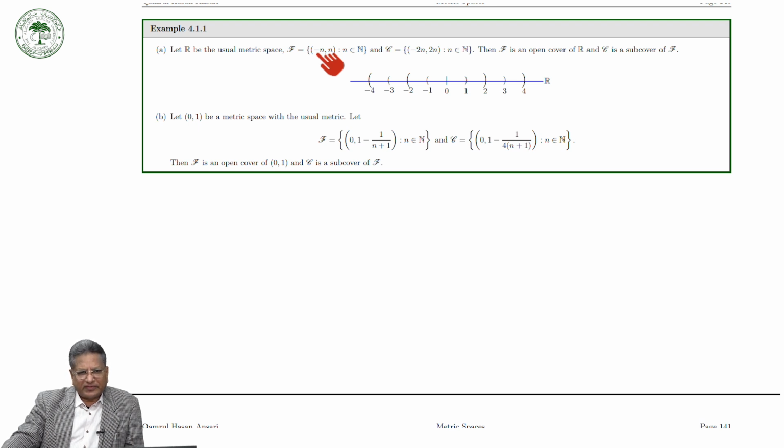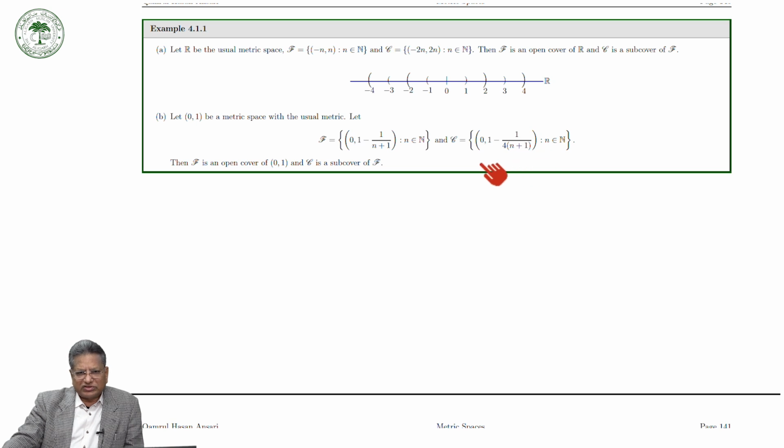Now take another example. Suppose X is the open interval (0, 1) with the usual metric. Then we can have a family F consisting of the open intervals (0, 1 minus 1 over n plus 1), where n is a natural number. And we can have a collection C of intervals of the form (0, 1 minus 1 over 4n plus 1).